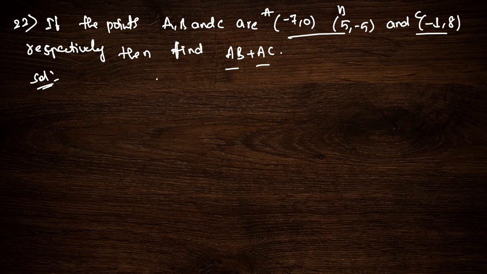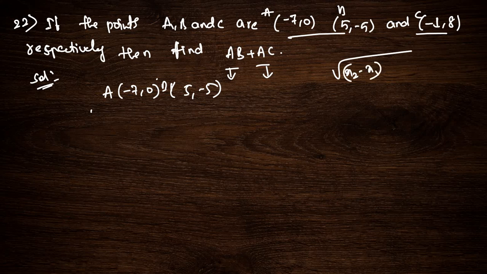So AB, it will become the distance formula. A is equal to (minus 7, 0) and B is equal to (5, minus 5). Under root of (x2 minus x1) whole square plus (y2 minus y1) whole square.